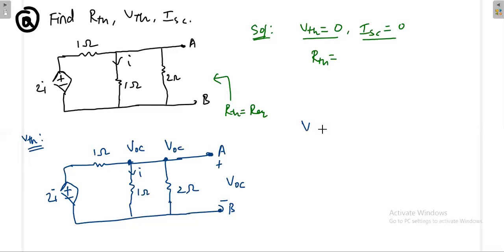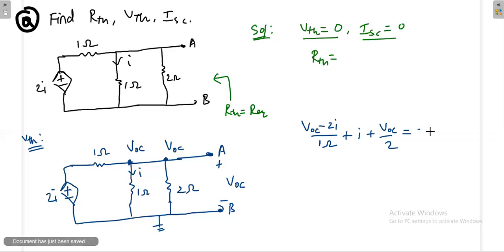Then what is the current leaving from this junction, because already it is given in the question itself, that is I. Then what is the current going to this branch? Because VOC voltage is there across this, that means VOC divided by 2 is the current leaving from this node and it is going to the ground, is equal to 0.